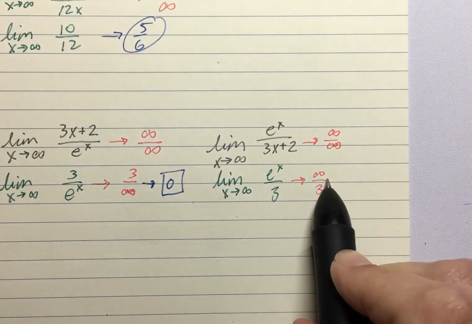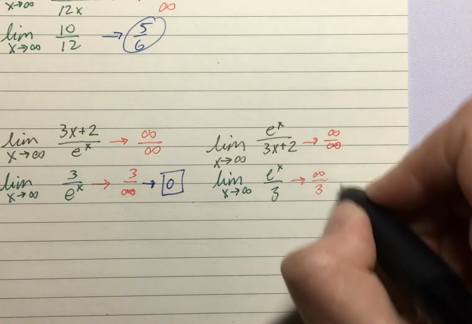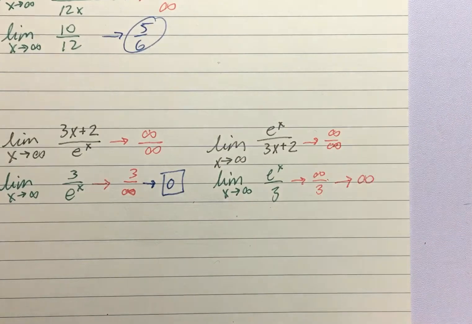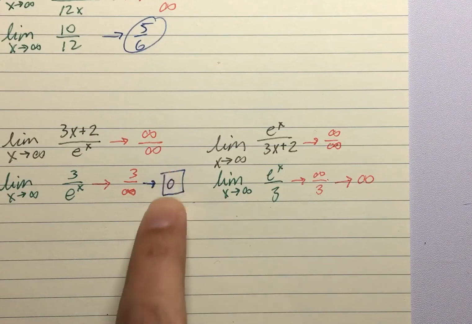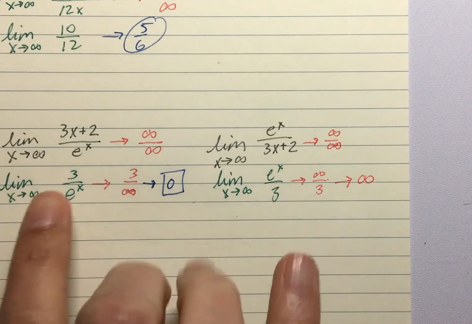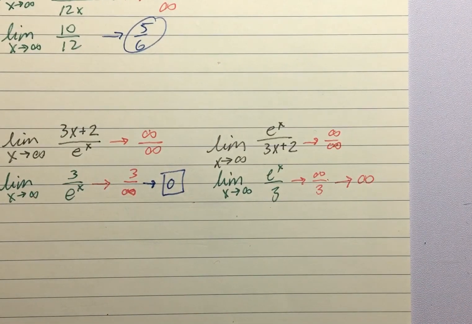Okay, take a really big number and divide it by 3. It's still a really big number. This guy is going off to infinity. So it's possible that you can get a finite number. It could be 0. It could be not 0 when you're going to infinity. If you ask me to, I could come up with a function that goes to any number you pick. Your favorite number, the number you hate the most, whatever. I could make it happen.